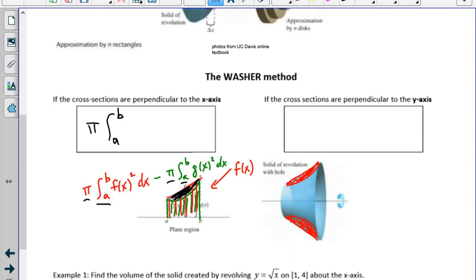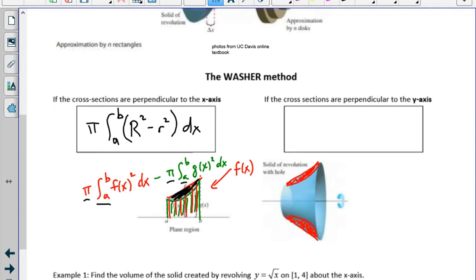However, I'm going to make a little adjustment to this, and I'm going to call it big R squared minus little r squared dx. And the reason why I'm doing that is because the radii will change based on where the line of rotation is, or the axis of rotation, and we're going to talk about that as we move along.